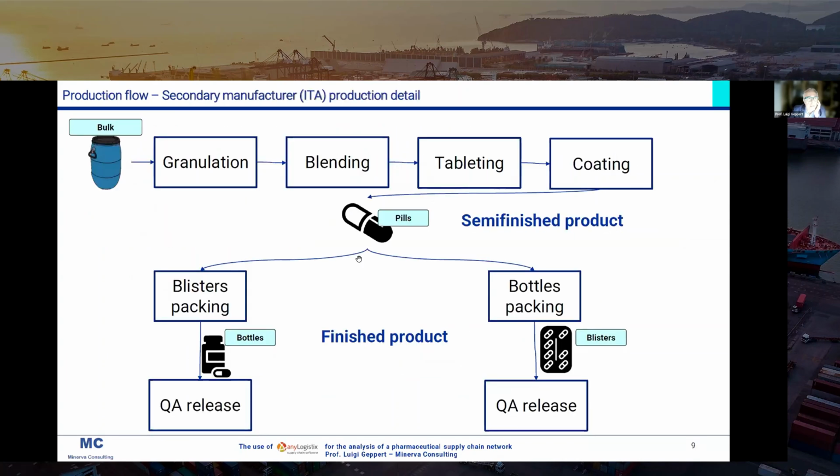In particular, in terms of phases, this is important because we have to use an extension in anyLogistix in order to better represent these process steps. To produce semi-finished products, the process is based on granulation, blending, tableting, coating, which are the main steps to produce the pill.